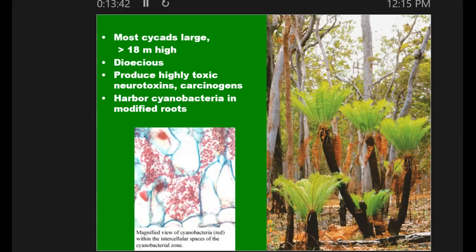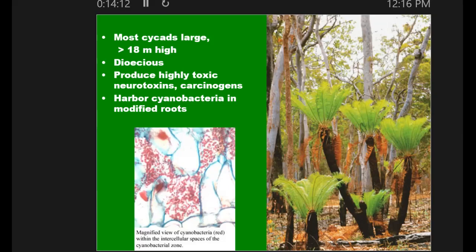They also hang out with cyanobacteria. In this picture, the cyanobacteria tend to be in the root tissue. They are studied for a lot of the neurotoxin capabilities, some of their secondary metabolites, and some of the interesting interactions that they have with the cyanobacteria.